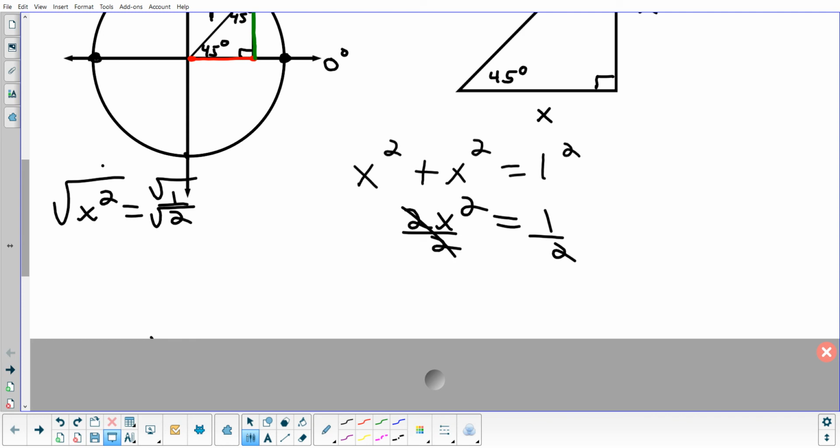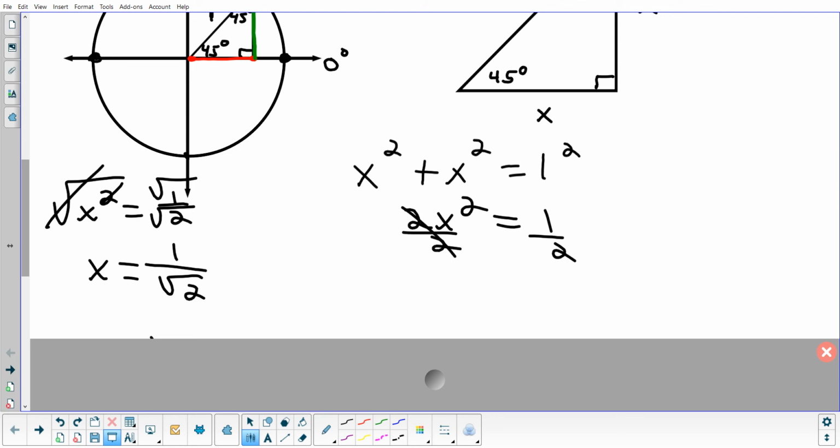So on the left, the square cancels out. And on the right, what's the square root of 1? Just 1. And unfortunately, the square root of 2, we can't simplify that, but we also can't leave it in the bottom. So what do I have to do to fix the square root in the bottom?